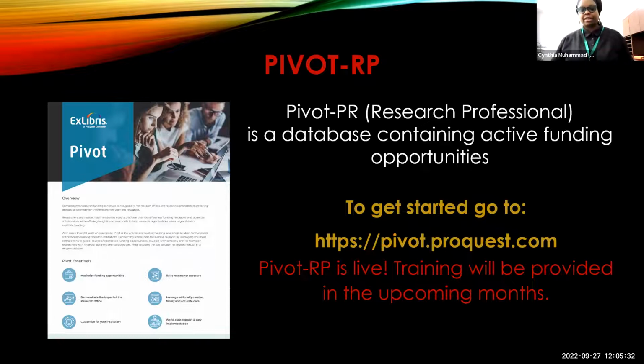Everyone can go in and set up an account, claim your profile, and then you can create funding alerts based on your research, and the system will automatically send you alerts of anything that's available in your area, as well as send you information on your collaborators and people across the country that are doing similar research, so then you can form collaborations. That's easy. Just go set up an account and you'll be able to find plenty of funding opportunities in Pivot.